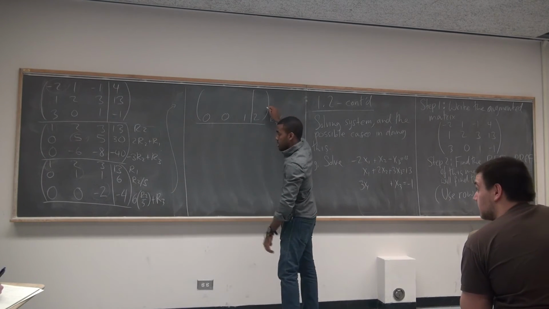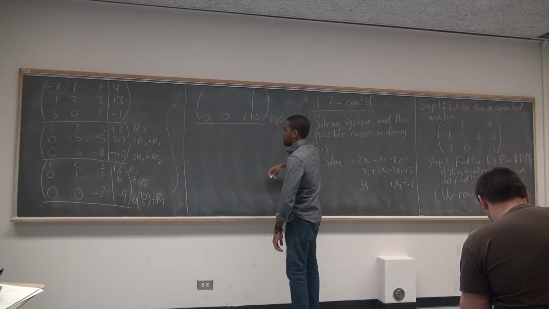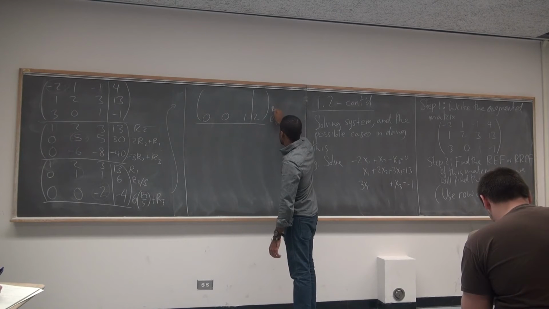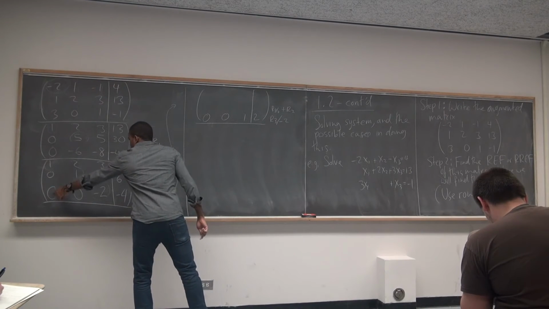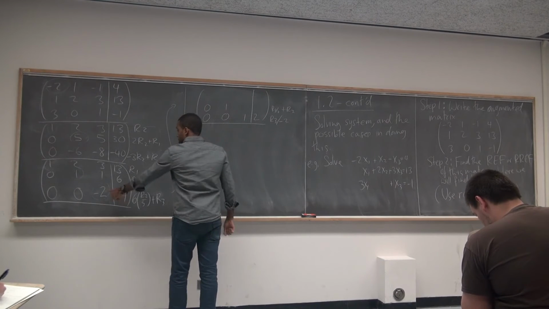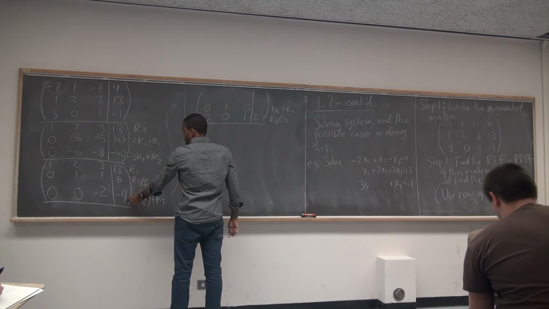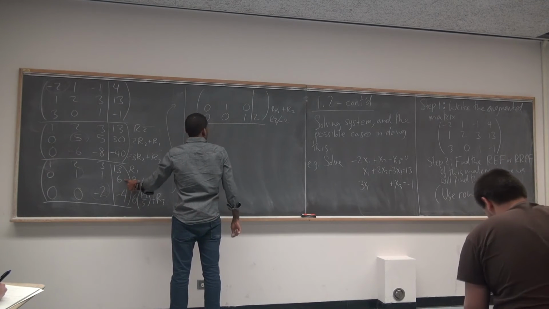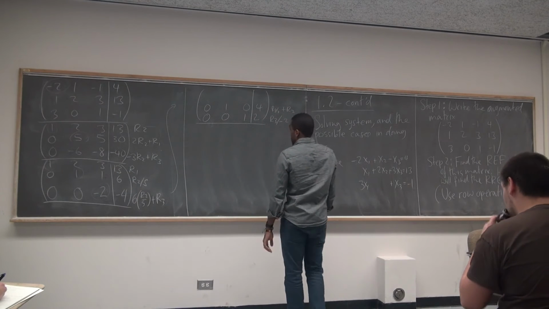So if I take row 3 divided by 2 and then add it to row 2, that's 0 plus 0, 0 plus 1, so it's 0, 1. I would take minus 1 plus 1, 0. I would take minus 2 plus 6. That's that row.